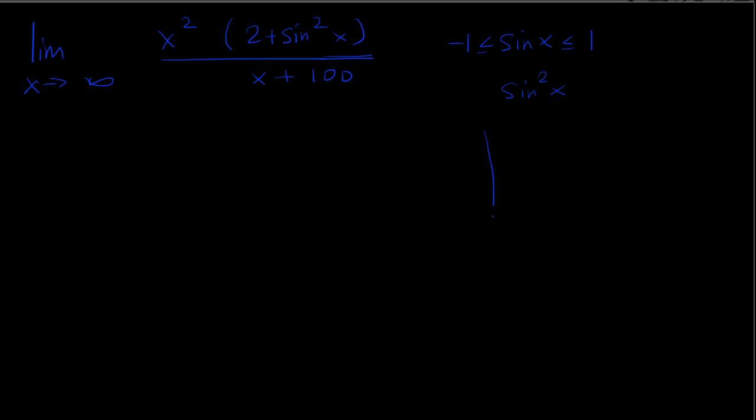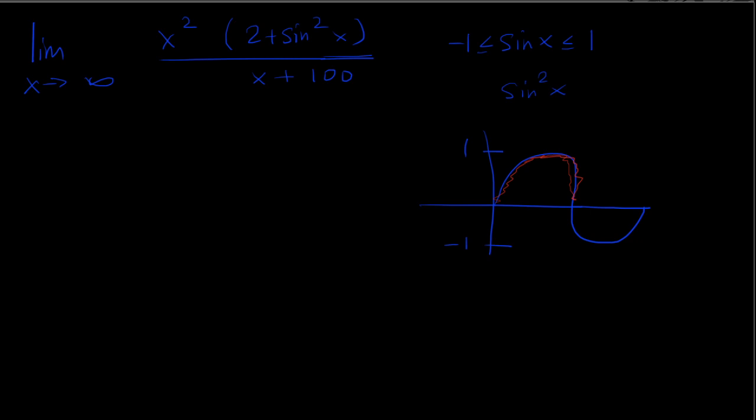Well, let's look at a graph of sine. We know sine of x looks something like this. It's between 1 and negative 1. If I square everything, the thing in the red is still going to be positive, greater than or equal to 0, in other words.